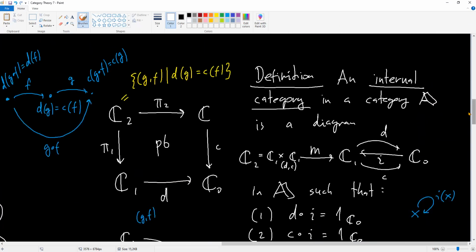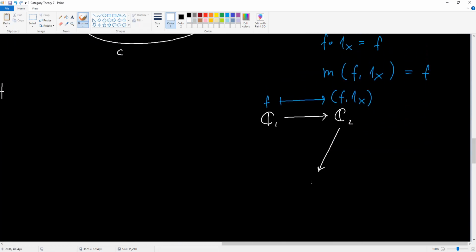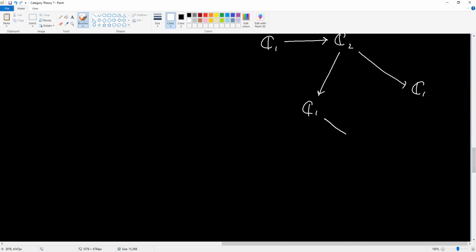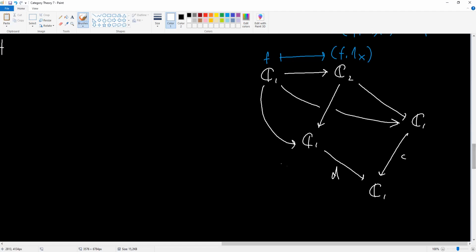So by the universal property of the pullback, specifying arrows into C2 will amount to specifying arrows into C1 as long as some diagram commutes. So let's write this down. So C2 being a pullback of D and C, in order for me to get an arrow to C2, I need an arrow into C1, two of them actually, in such a way that composing them with D and C, they're equal.